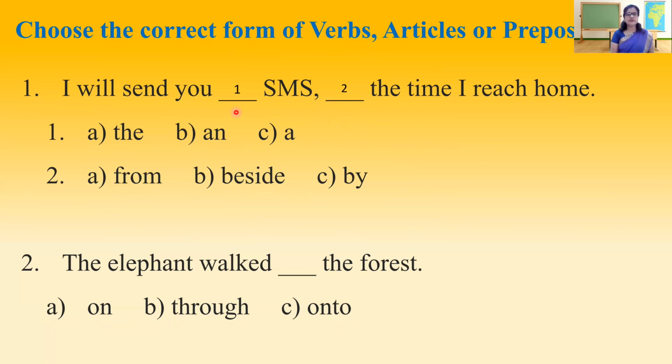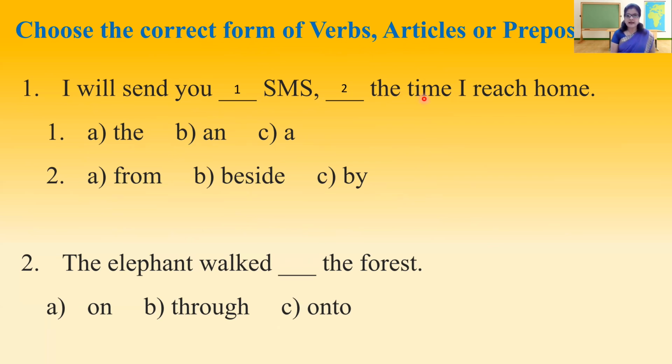First one, they have given you the option the and a. So I will send you an SMS. Why? Because even though it is a consonant letter, it gives you a vowel sound. A SMS.